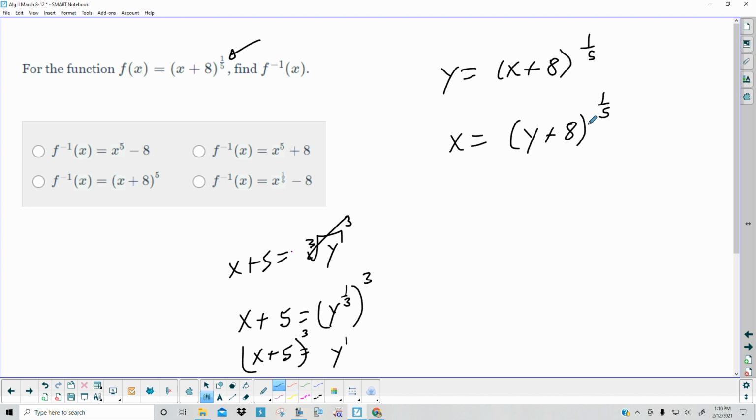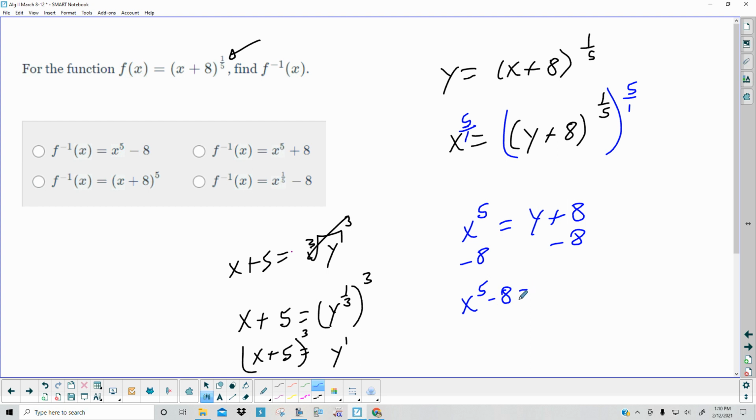So this has a 1/5 power on the right. To get rid of it, I raise it to the reciprocal power. And you really don't need the 1 in this case, so it's x to the 5th is equal to y plus 8. Subtract the 8, and you get x to the 5th minus 8 is your y. There we go. Okay.